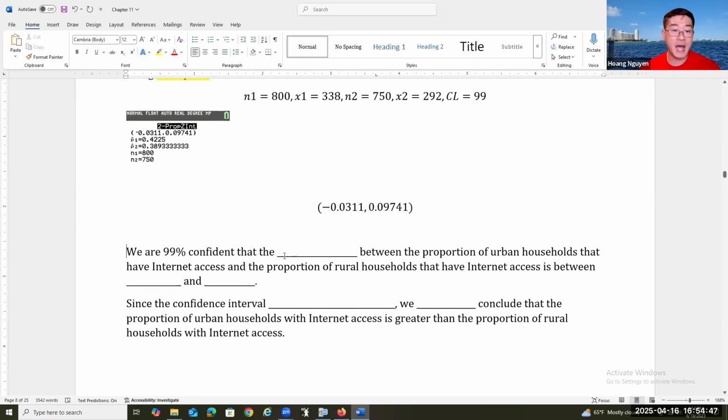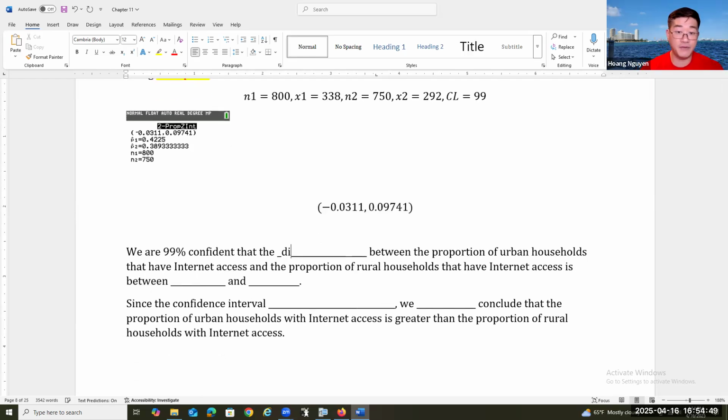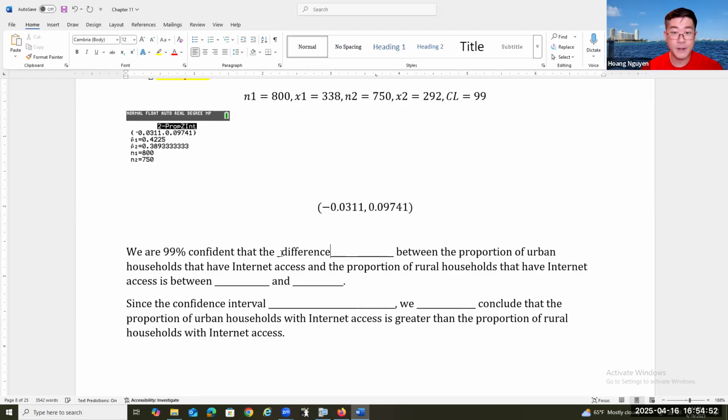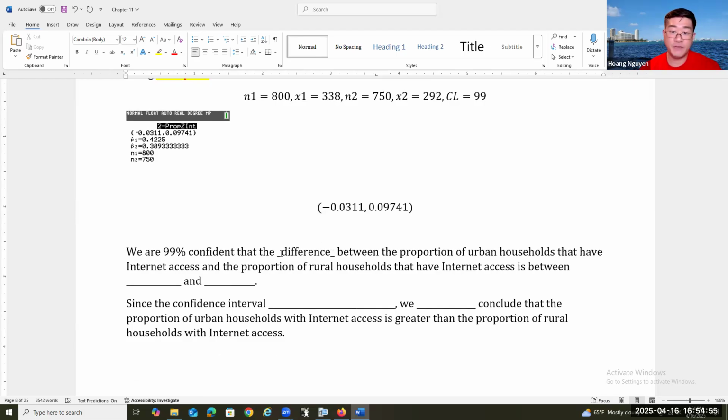We are 99% confident that the difference between the population proportion of urban households that have internet access and the proportion of rural households that have internet access is between the lower bound, negative 0.0311, and the upper bound, 0.09741.